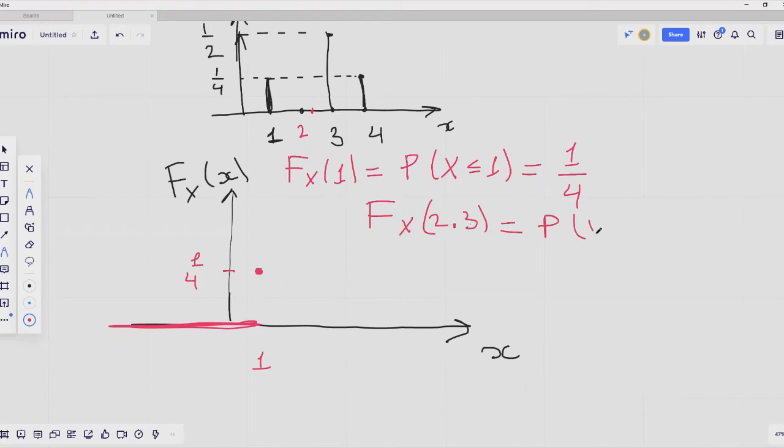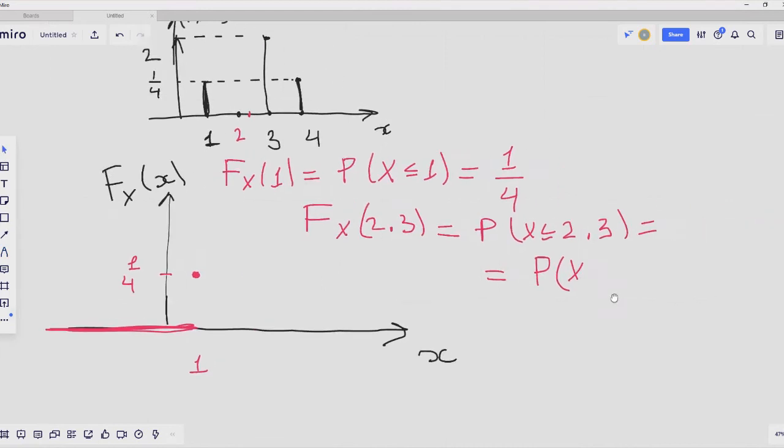This is the probability that X is less than or equal to 2.3. So we only have the probability of X being equal to 1, which is 1 over 4.